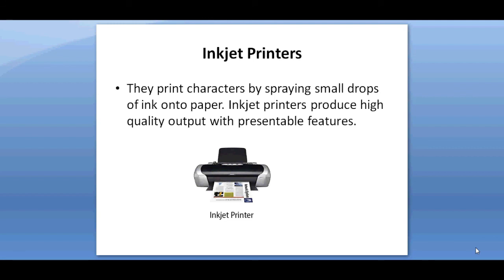Inkjet printer. Inkjet printers work in the same fashion as dot matrix printers in forming images or characters with little dots. However, the dots are formed by tiny droplets of ink.